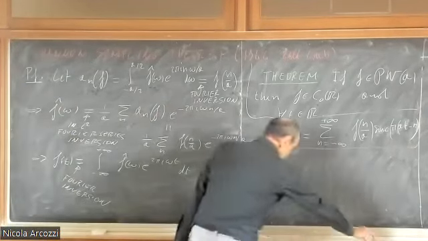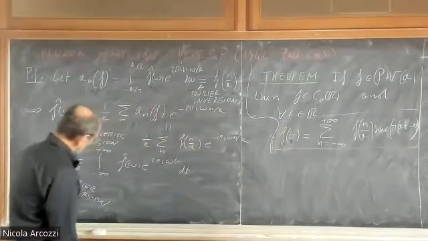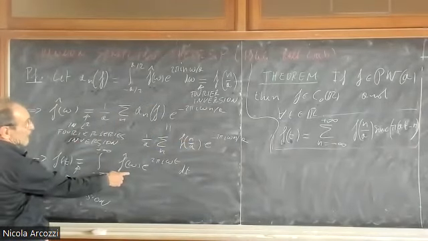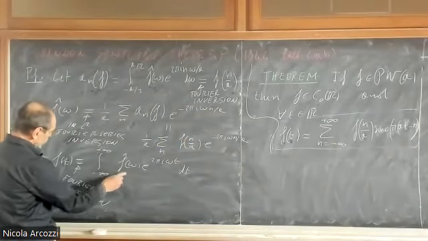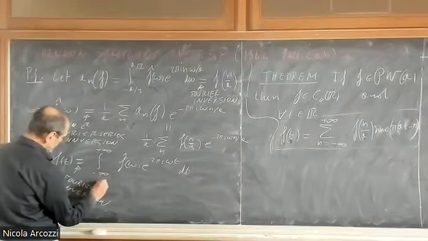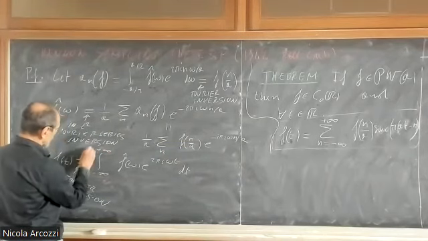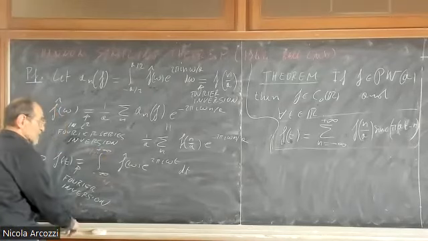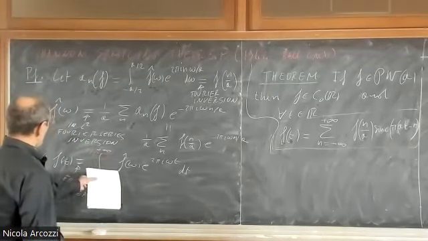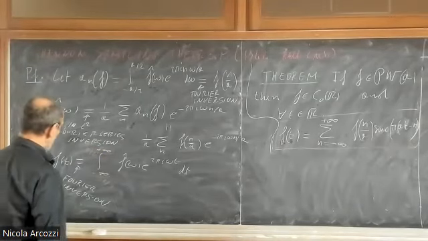But the f hat was supported in minus a over 2, a over 2, so I can replace the integral by the one between minus a over 2 and a over 2, which is exactly the same, and then I replace this expression here.